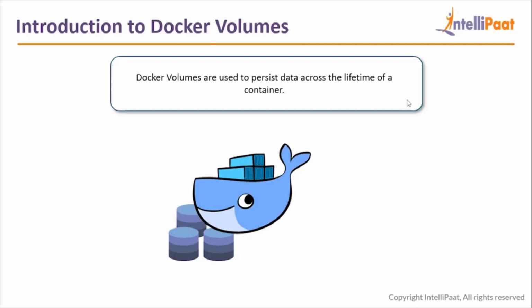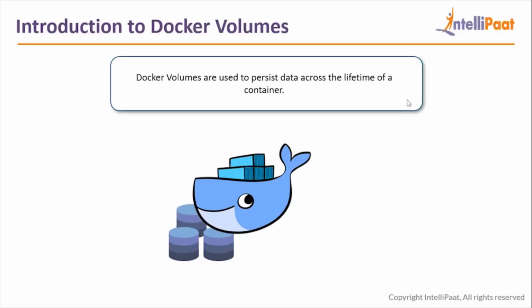They are written outside the container, and that location is basically mapped inside the container. So irrespective of whether the container is deleted or started again, the container which is being attached to that volume will have the same file system as that of the older container, and that is how this problem of persistence of data across the container lifecycle is solved.